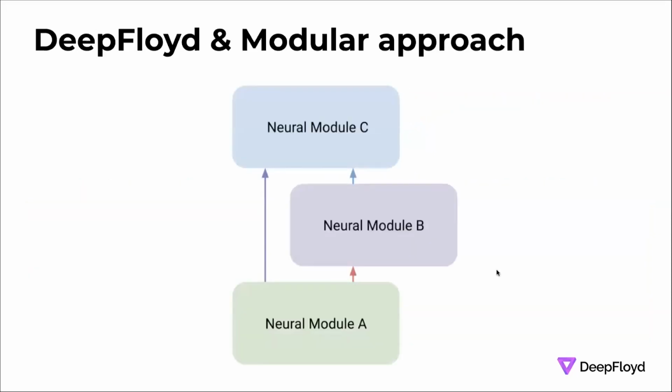And we thought, okay, we can construct this kind of architecture like Imagen, but also we can separate our parts and use, for example, the first two stages, but not use the third one as a super resolution stage. I will tell you in the next several slides.